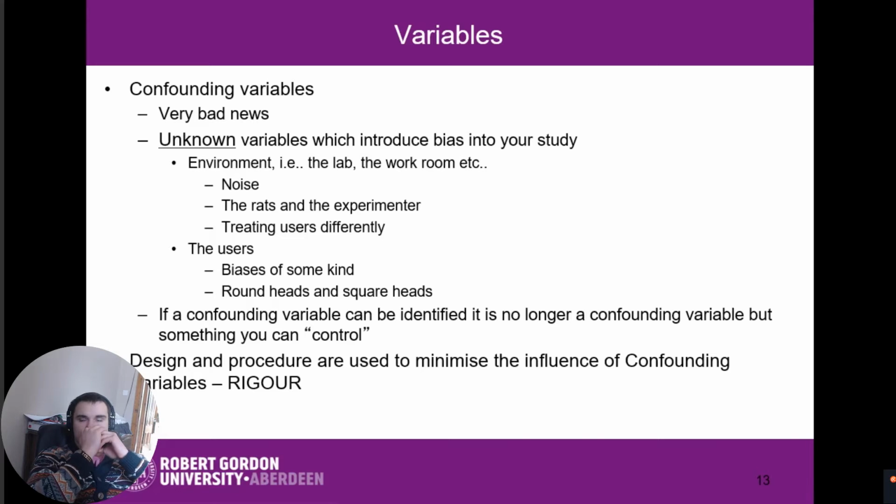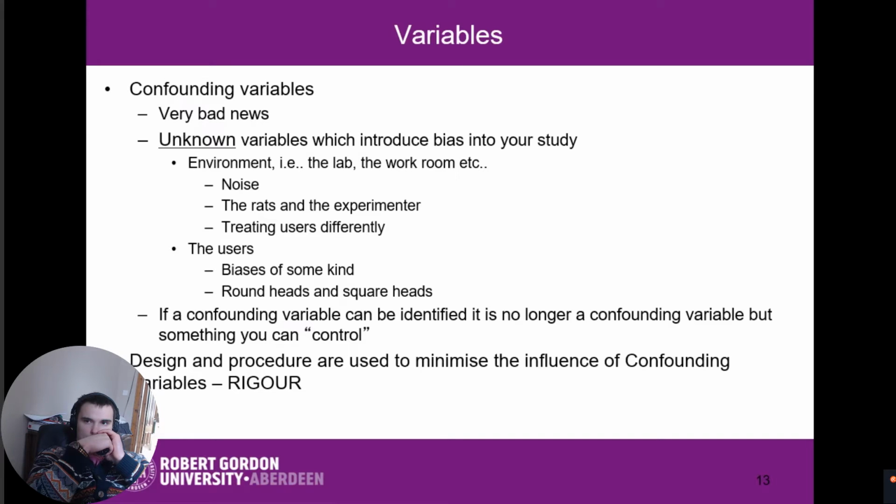So, for example, if you were evaluating some people in a noisy environment as opposed to some in a quiet environment, that would have an effect, okay? So some of your people might become squareheads. There's the famous example of the rats and the experimenter.